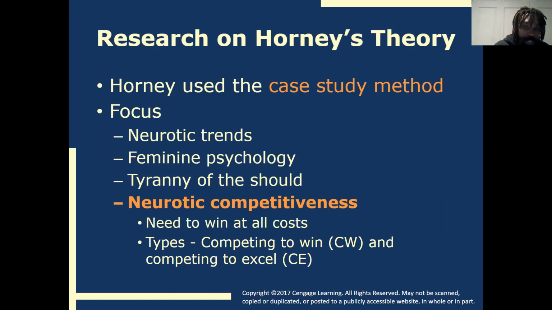There are two types of competitiveness: competing to win, CW, and competing to excel. So when research was done exploring the effectiveness, usefulness, and validity of Horney's theory, that research tended to focus on neurotic trends, feminine psychology, the tyranny of the shoulds, and also neurotic competitiveness.